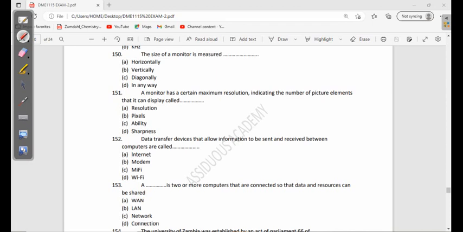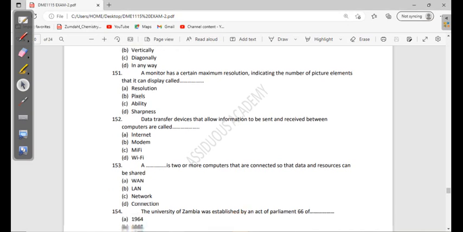A dash is two or more computers that are connected so that data and resources can be shared. LAN, network, connection. Well, that's a network. So a network is two or more computers that are connected so that data can be shared.